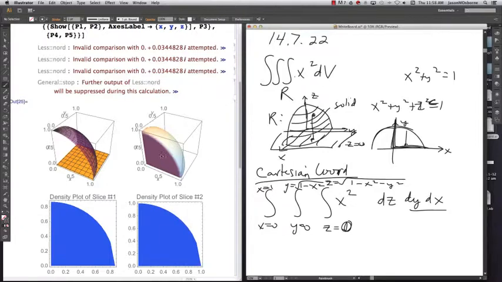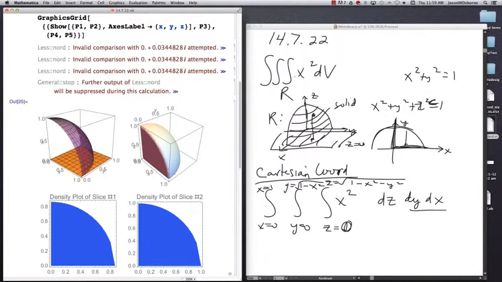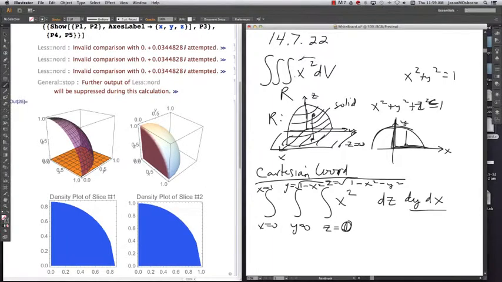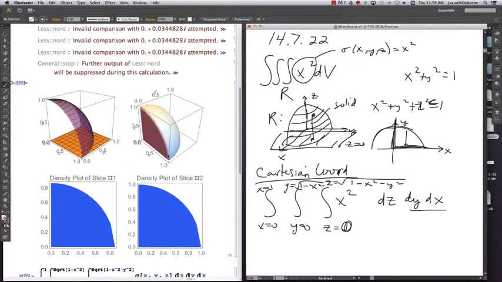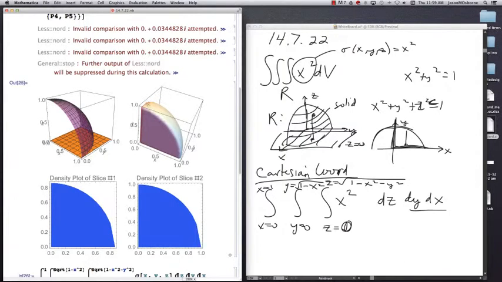What that would do is let you find the mass of this spherical wedge. I've plotted both the surfaces and the 3D region. And here is your density function. In this problem, we are going to call this our function sigma of x, y, z, a density function. This is x squared. As in the cylinder problem, I've taken a couple of slices of this thing. I think I've taken the x equal to 0 slice, and you would get this shape here.